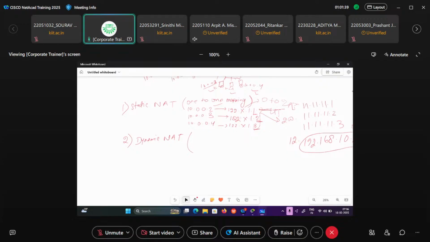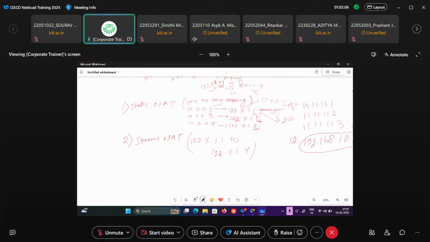Suppose I have used 122.x.1.1, and I'll allocate some IPs up to 122.x.1.4. Out of this range, or some other value also, suppose I am using 4 IPs. If you want to use, no sir, I will use 100 IPs, another pool, you do that. You can check any ranges, right?